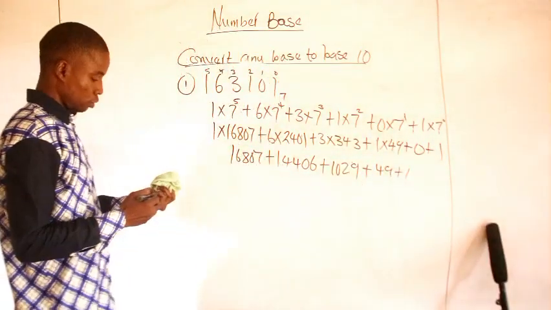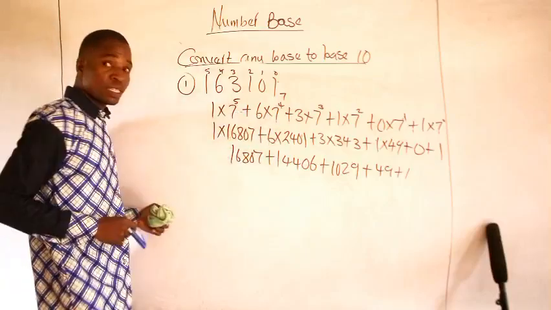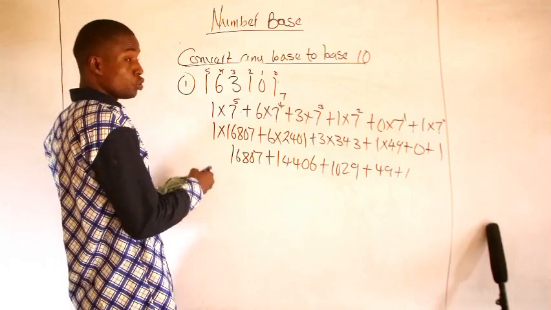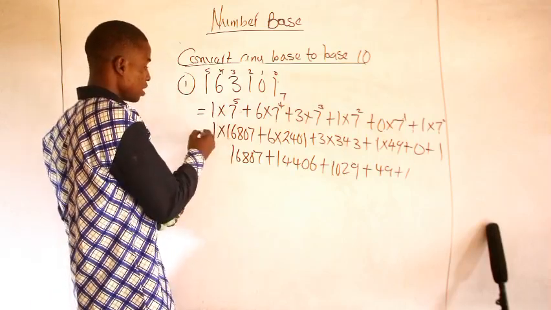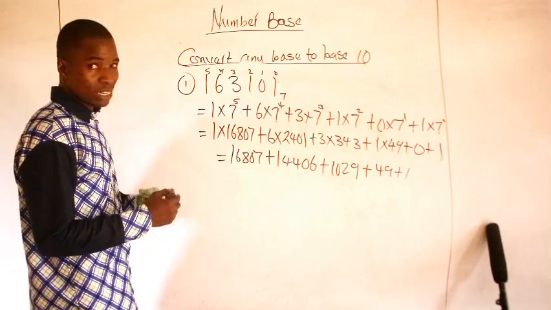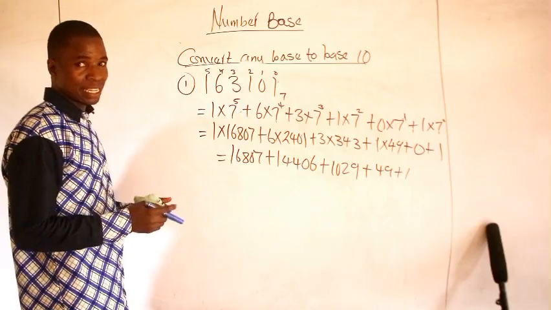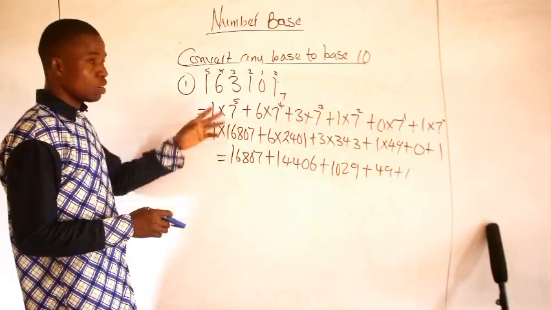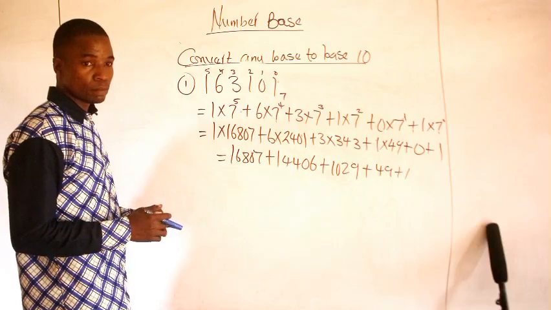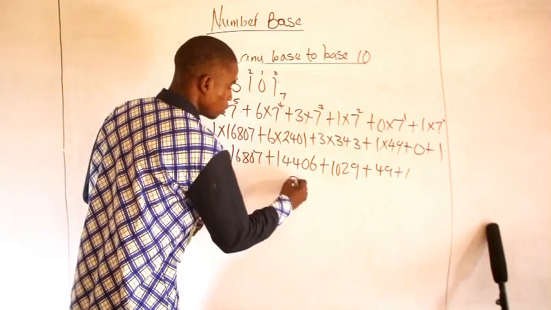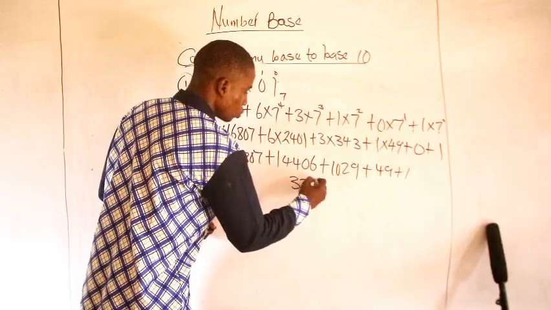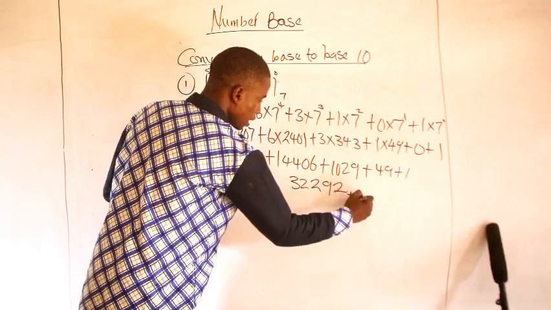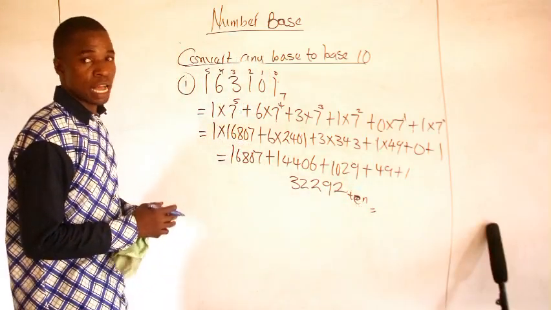Add all of them for me and give me the answer. Make sure you are writing it. Don't just be looking at it. Just be writing, because this one is JAMB and this is WAEC and this is NECO. It's still the same thing. Nothing different on it. In JAMB, you need to be fast. 292 base what? Base 10. That's the answer.